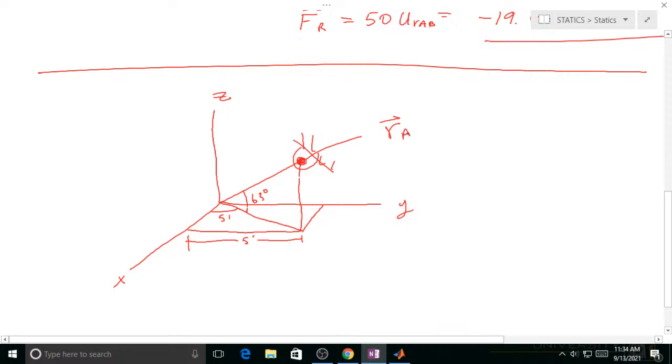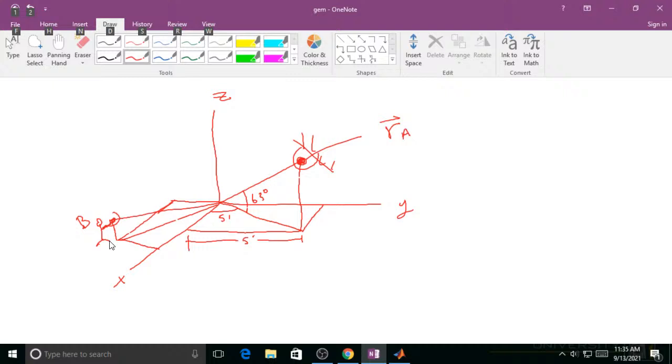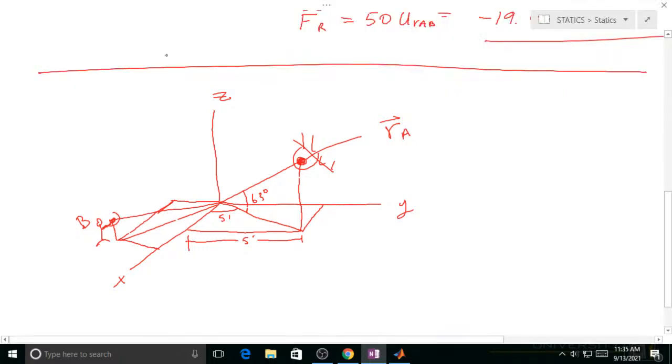It's not going to be easy, but you could figure that out. And then if he did something ridiculous, like he's got another point B over here, say it's a guy standing here pulling on a cable, which happens to be from there to there.